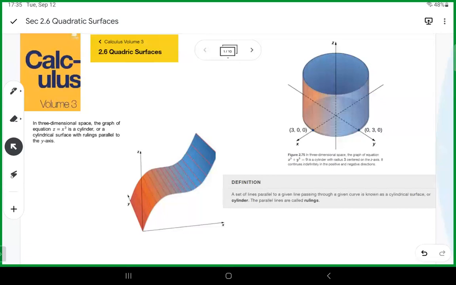A set of lines parallel to a given line passing through a given curve is known as a cylindrical surface or cylinder. The parallel lines are called rulings. Okay, so you're going to want to go ahead and write that stuff down if you're a physical note taker.